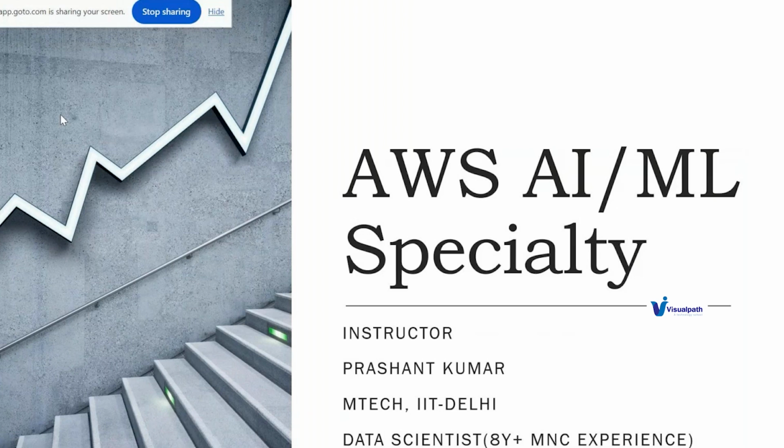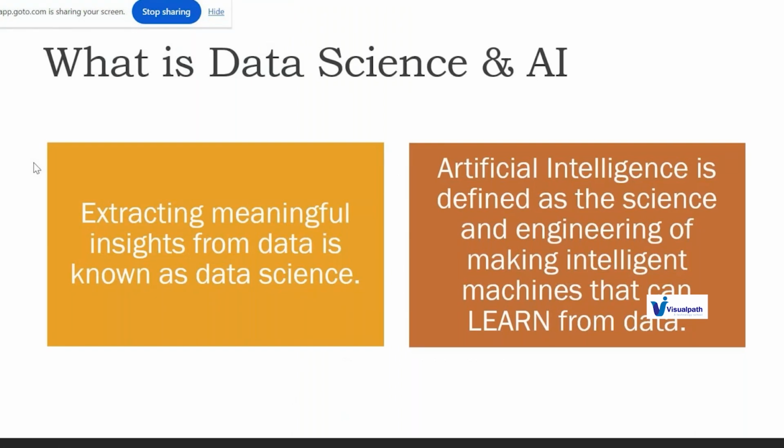What I will discuss today is why this AWS AI ML specialty course is important from a career perspective for students. First of all, we need to understand what data science and AI are. I have written this question here with two different terms, data science and AI. There is a core difference between these two.